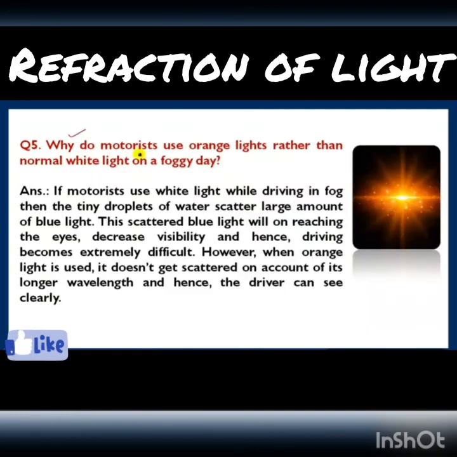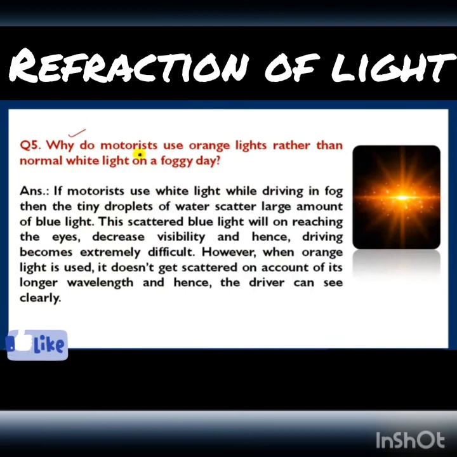Why do motorists use orange light rather than normal white light on a foggy day? If motorists use white light while driving in fog, then the tiny droplets of water scatter a large amount of blue light.